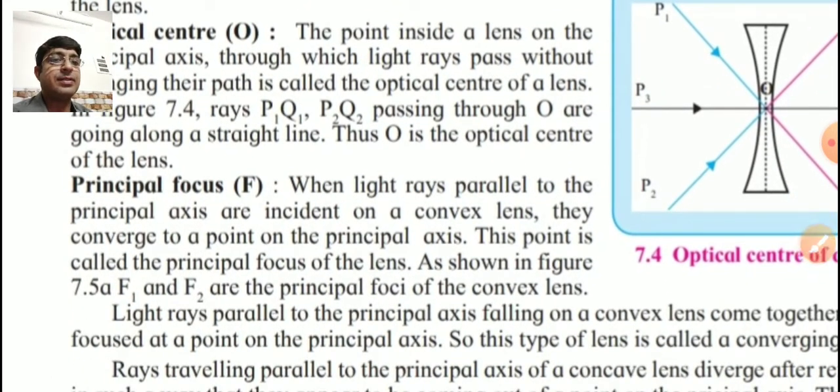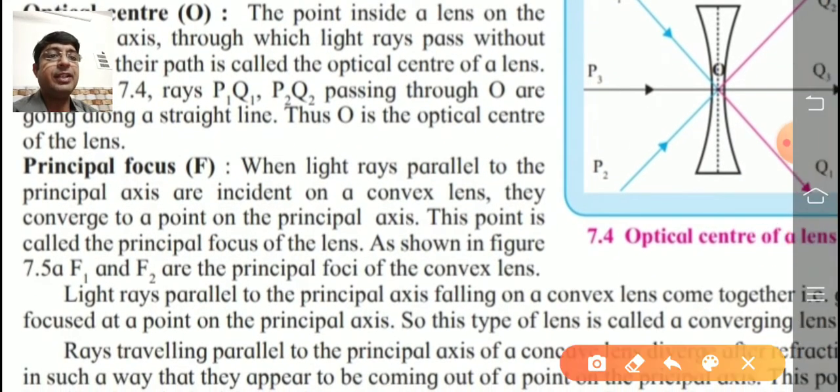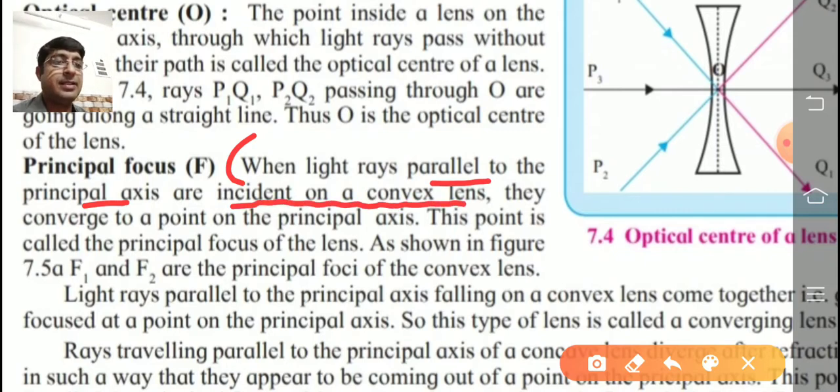principal focus. So mark the definition. When light rays parallel to the principal axis are incident on a convex lens, they converge, meaning come close together, to a point on the principal axis.